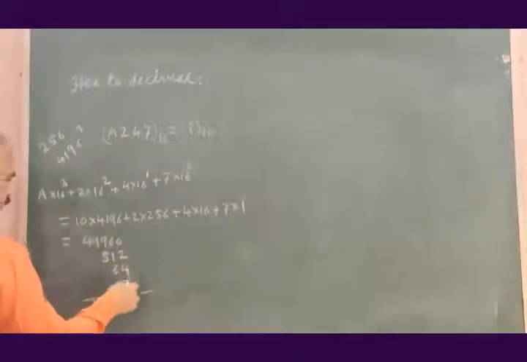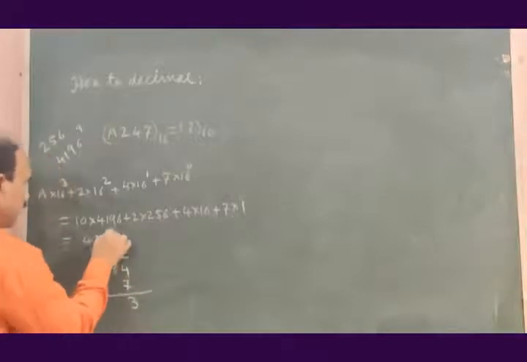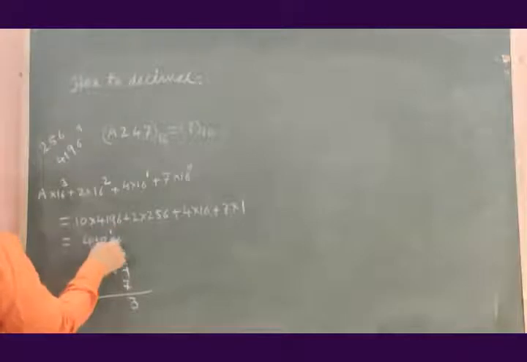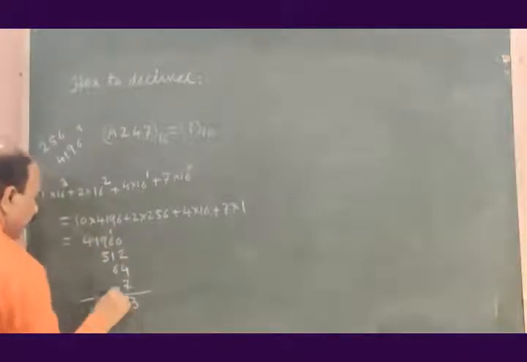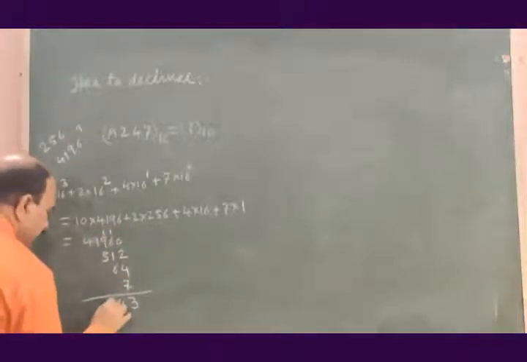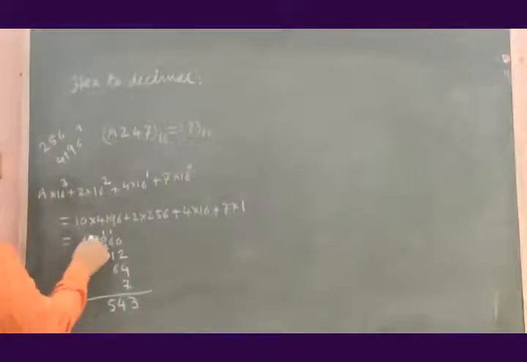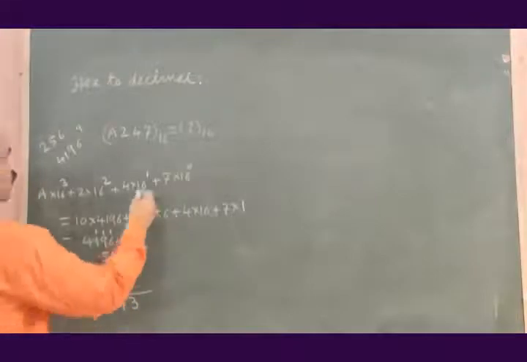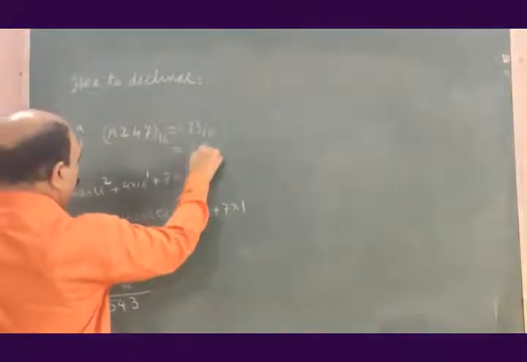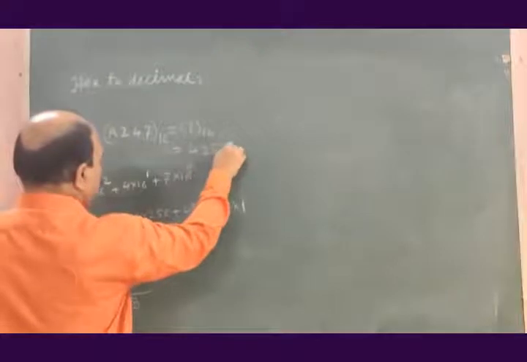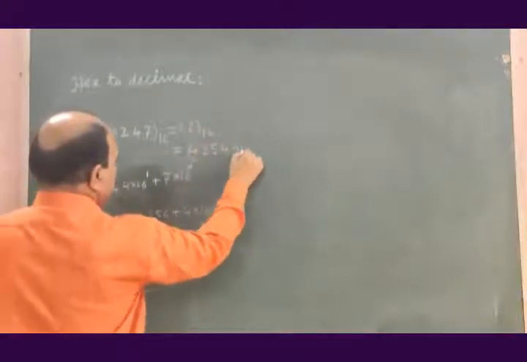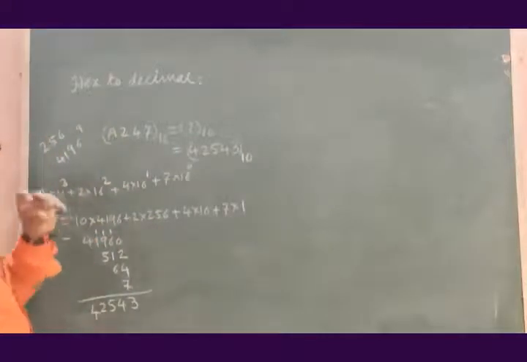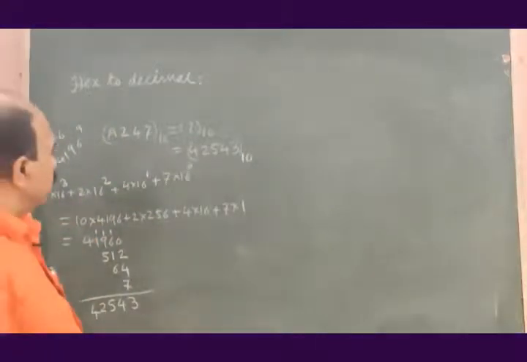Adding these up, we get 42543 in decimal. Let us go for one more example.